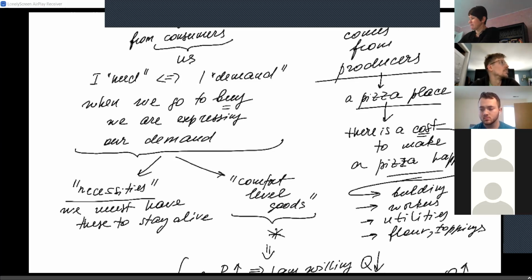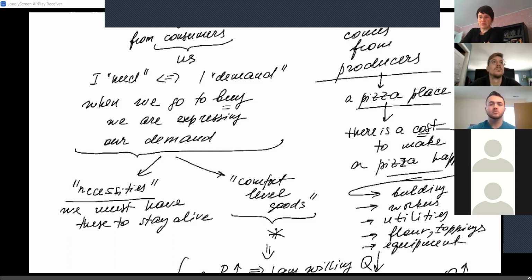Flour, toppings, okay? What I wrote down does not cover absolutely everything you need to make pizza happen, but that's enough. Building, make sure water is running, electricity, equipment, right? Equipment.